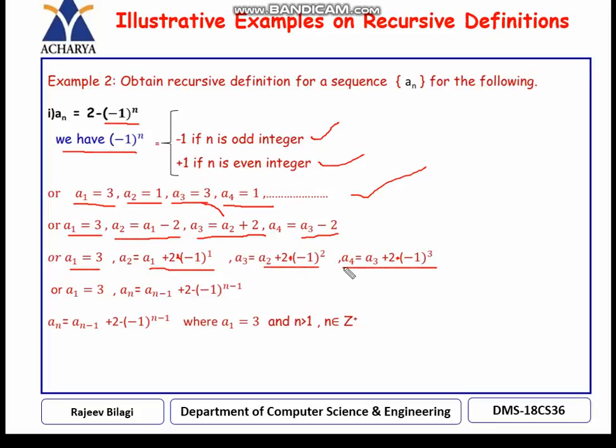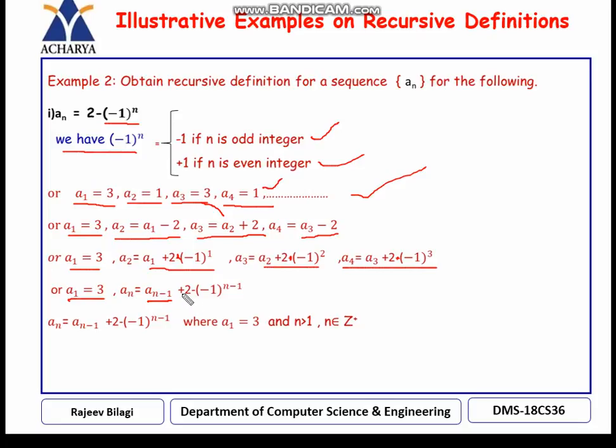Again you get a4 as 1, because a3 is equal to 3 here, plus 2 into minus 1 to the power of 3, which is minus 1, minus 1 into 2 is minus 2, plus 3, you are going to get a4.